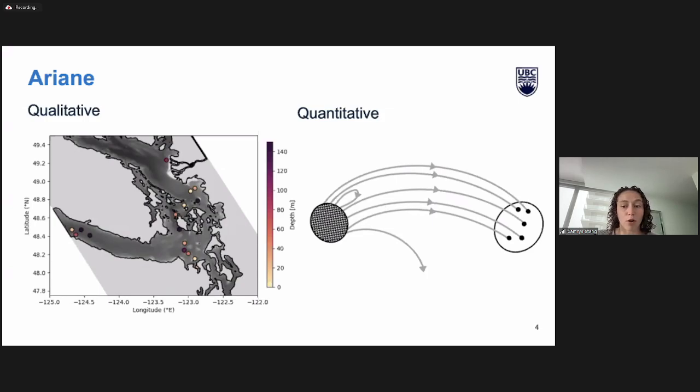This allows for many more particles to be released, on the order of tens of thousands. You can release particles all throughout the boundary rather than having to specify exactly where they're starting. Ariane also has the benefit of being able to run simulations forwards and backwards in time. When you run forwards in time, you can release particles and see where they're moving to, and when we run backwards in time, we can see where particles at a boundary are coming from.